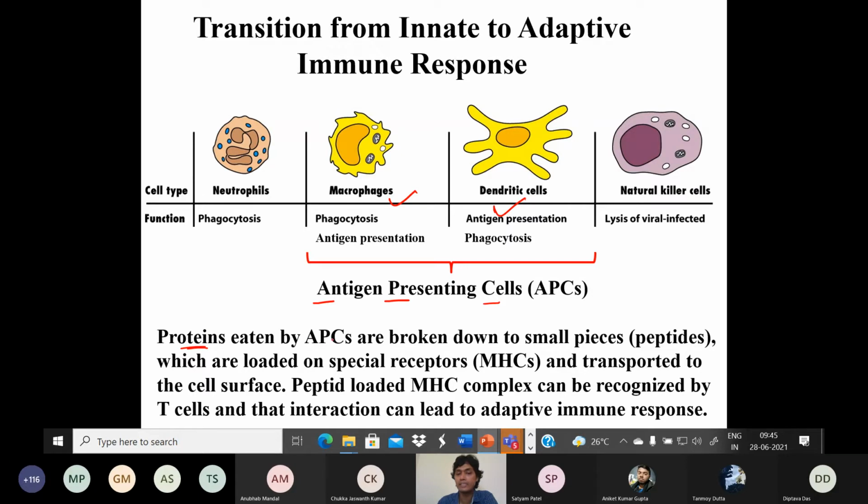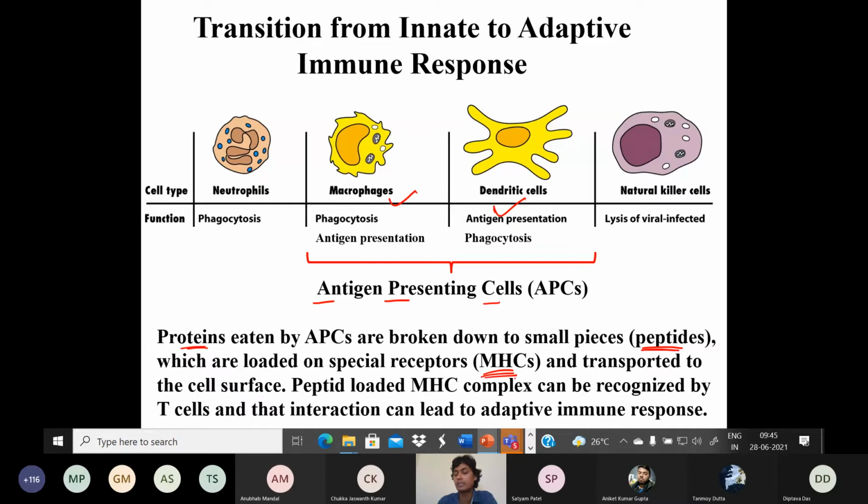Proteins eaten by APC, antigen presenting cells, are broken down to small pieces inside those antigen presenting cells. And small pieces of protein should be what? Peptides, that you know from the protein class I told, peptide, right? So small pieces of protein, that is peptide, which are loaded on special receptors. Those are called MHC.